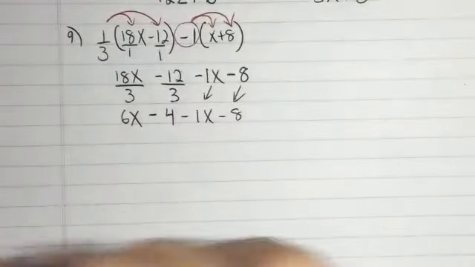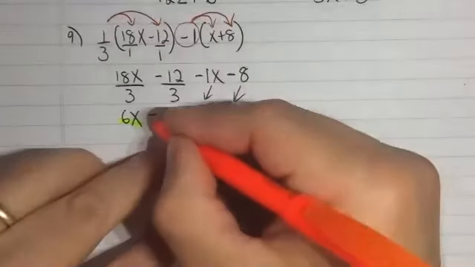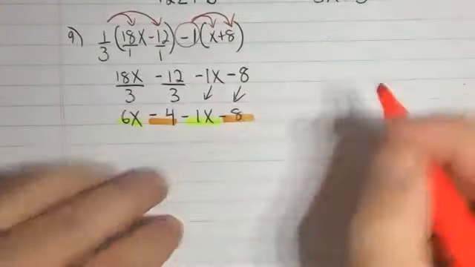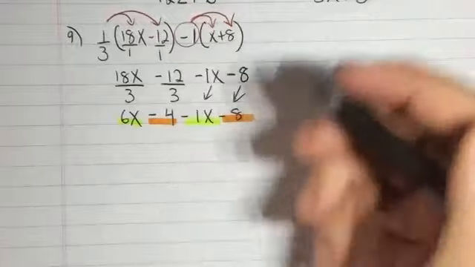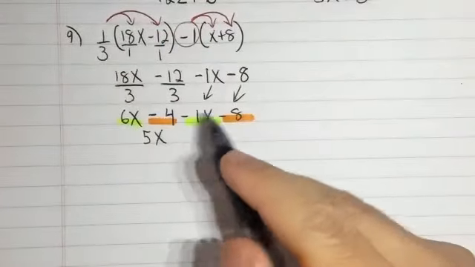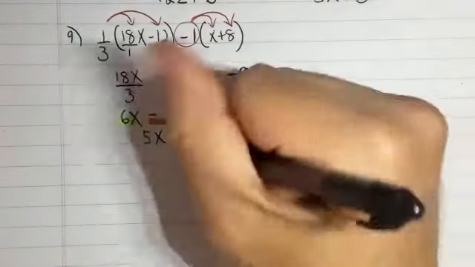Combining your like terms really is kind of the last thing you want to do on these problems. Really your last step. So 6x take away 1x gives me 5x. -4 and a -8 would give me a -12. So that's it, you're done.